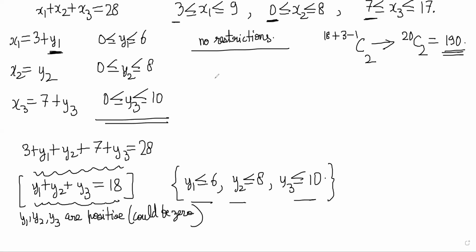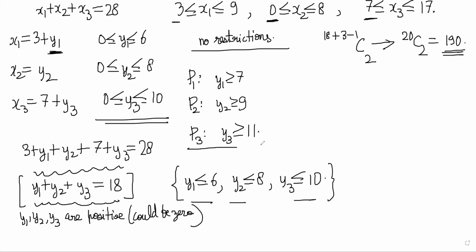Now we will define some properties. Property 1 is that y1 is greater than or equal to 7. Property 2 is y2 is greater than or equal to 9. Property 3 is y3 is greater than or equal to 11. Why are we defining these properties?